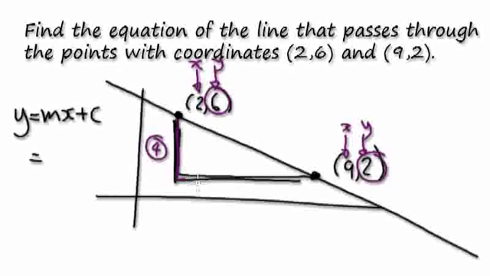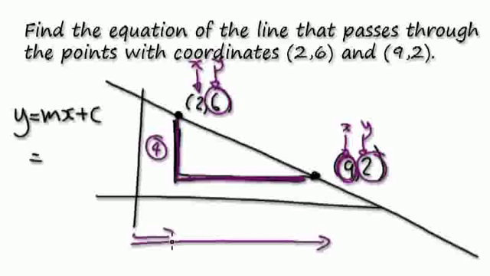Now if you want to know the width here, from here to here is 9. So basically get 9, take away this bit here. So 9 take away 2 would be 7.